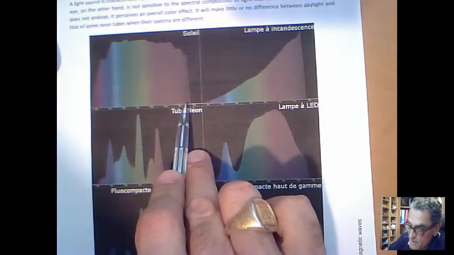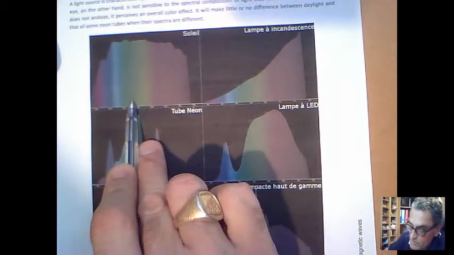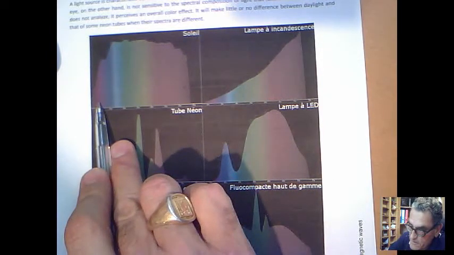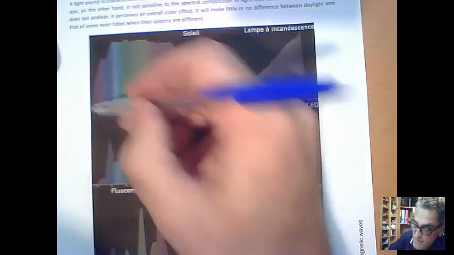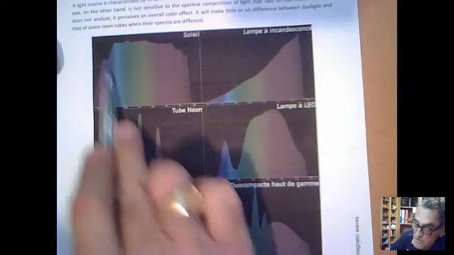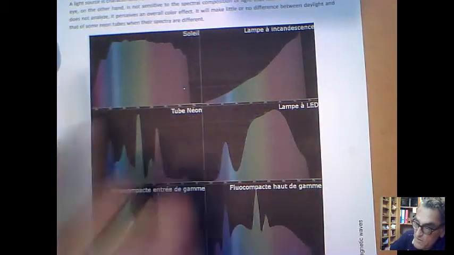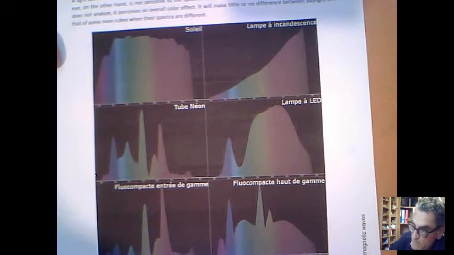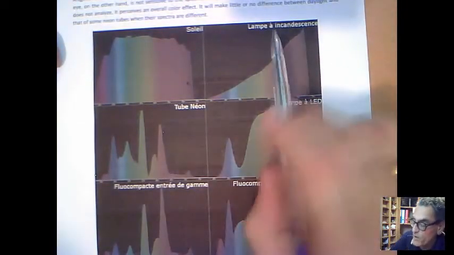You see here you have the red, the yellow, the green, the blue, the violet. And this line here represents the intensity that is emitted by the sun. So you see that the sun emits pretty much the same intensity in all the colors. And all these colors together give you white light.